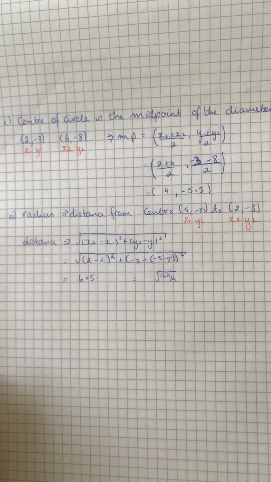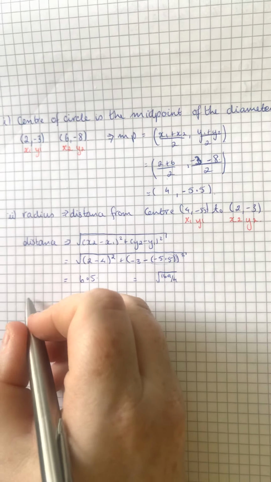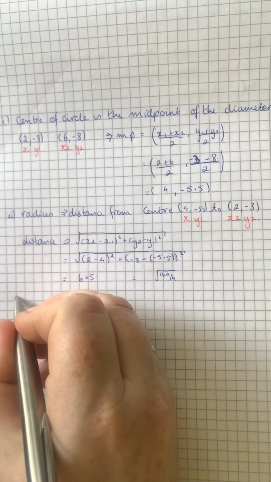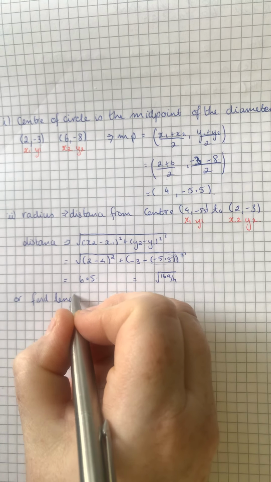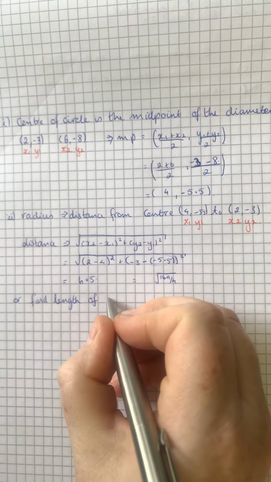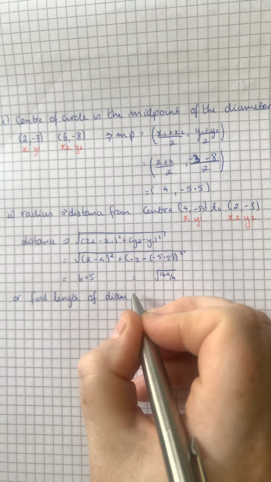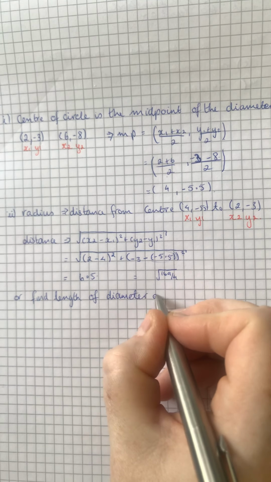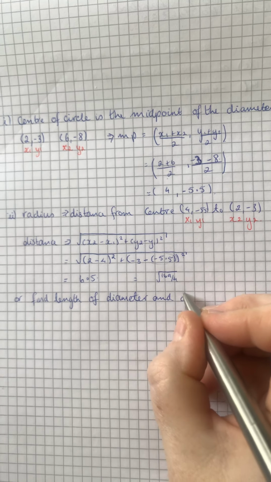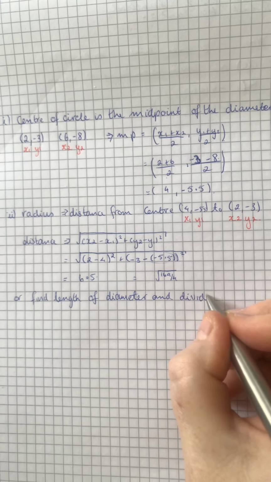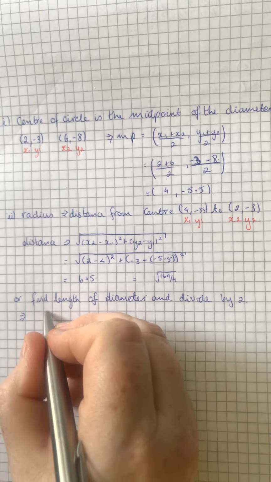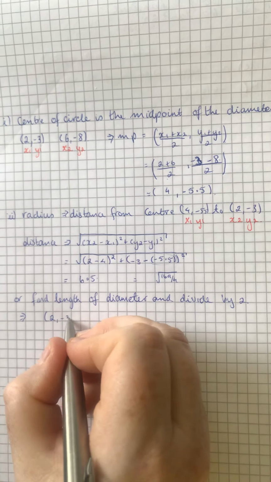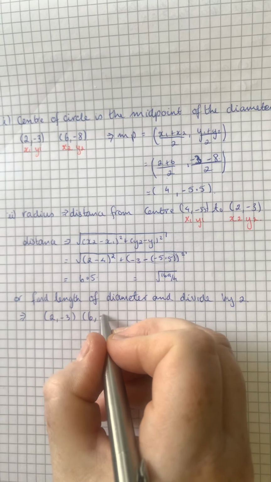The other way I could do this is you could find the length of the diameter and divide by 2. So that means I will be using the points (2, -3) and (6, -8).